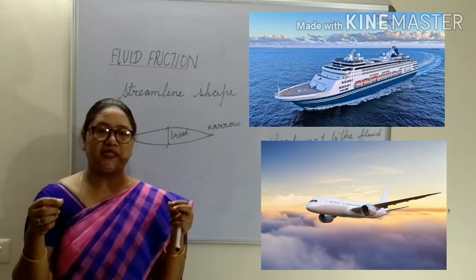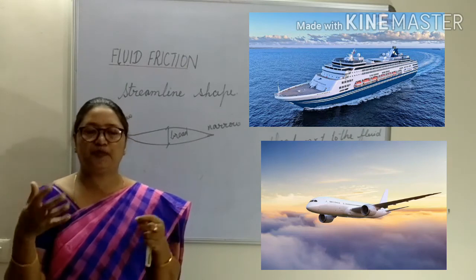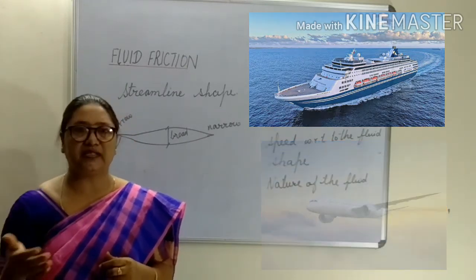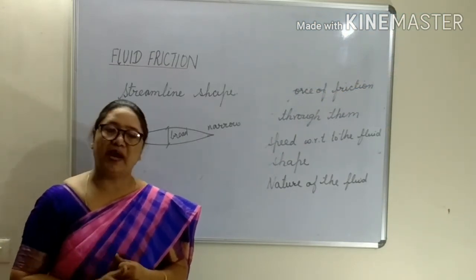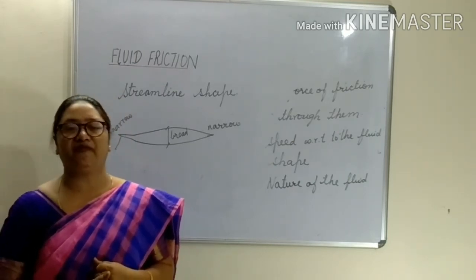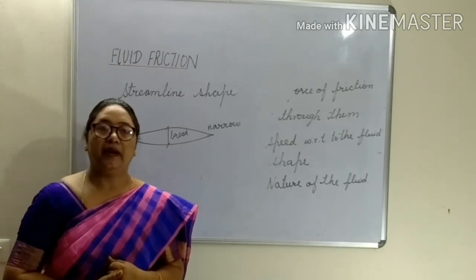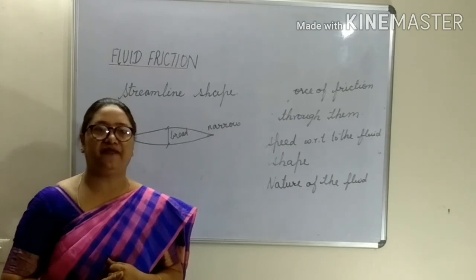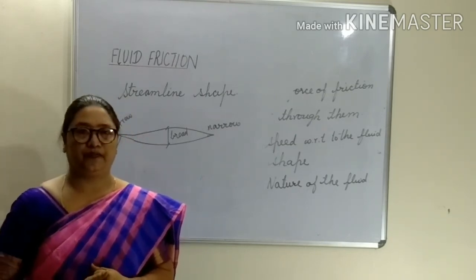And when an object has a streamlined shape, it will experience the least air resistance or water resistance. They will experience the least fluid friction. So you might have seen the birds and the fish flying and swimming very easily in air and in water. Similarly, the aeroplanes and the ships can very easily fly and float on the water.